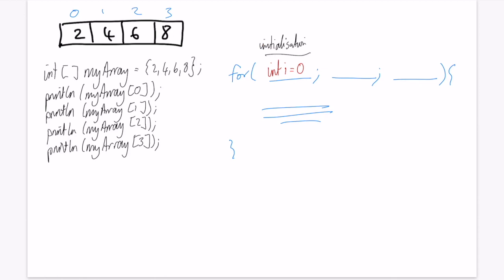We can initialize this to start counting from any value, but convention says starting from 0 is best. Then we have, while i is less than a number, I'm going to put 4 in here, which will become clear soon. This is my check.